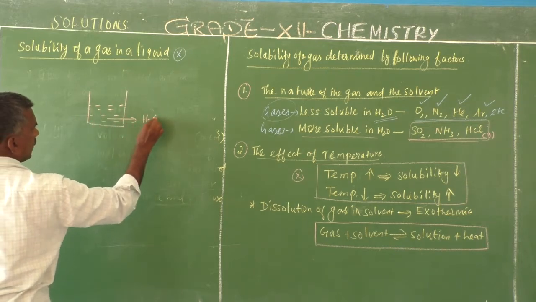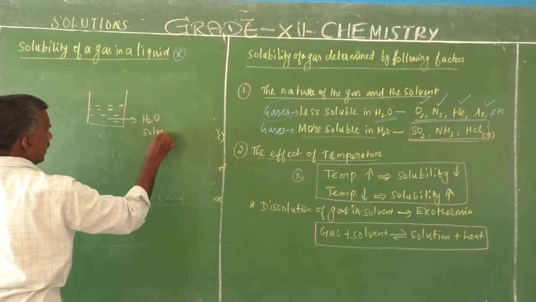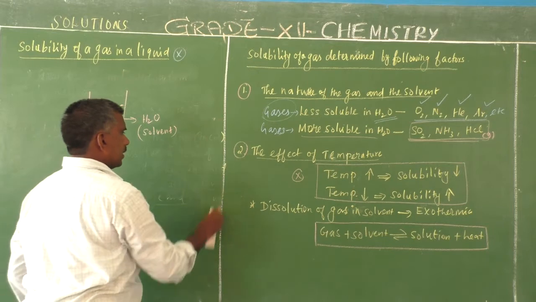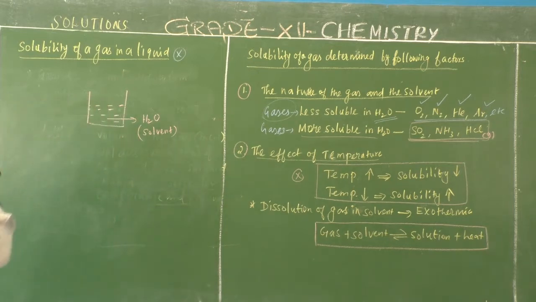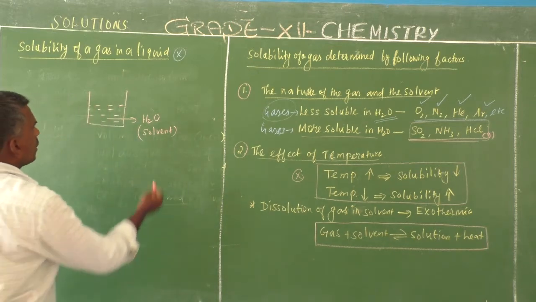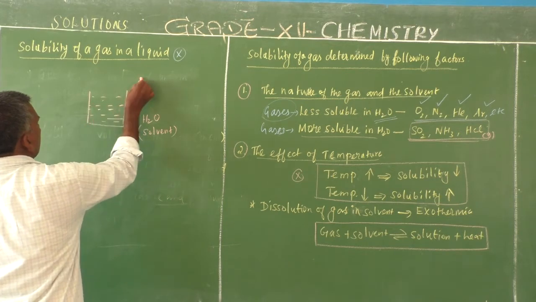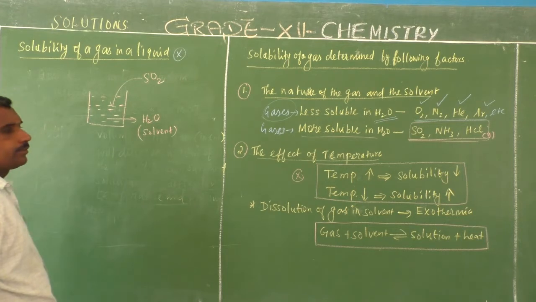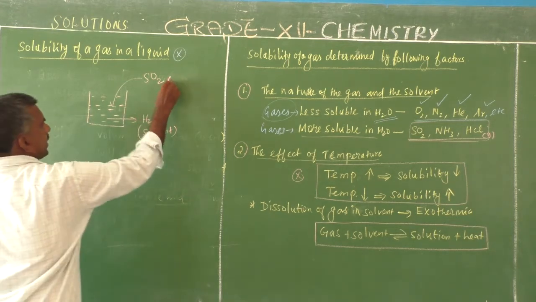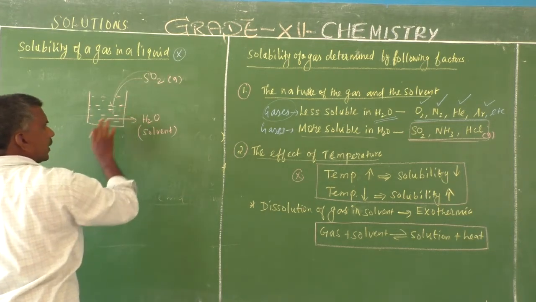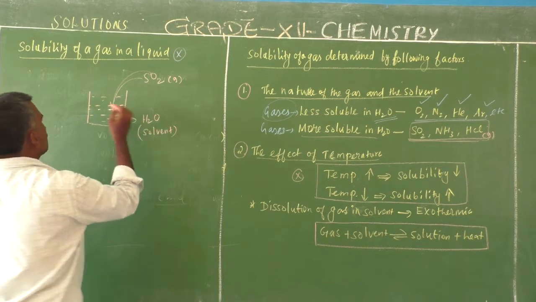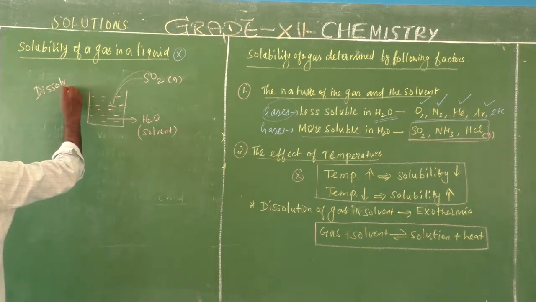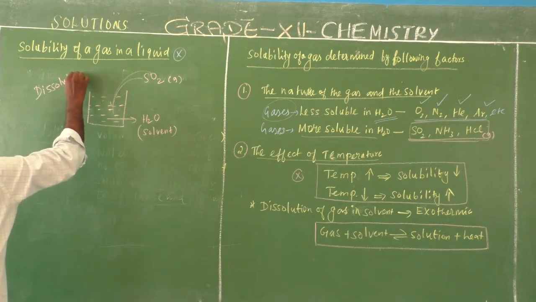Water is a solvent. Now you pass sulfur trioxide gas. So this is a gas dissolving in a solvent. This process is known as dissolution.